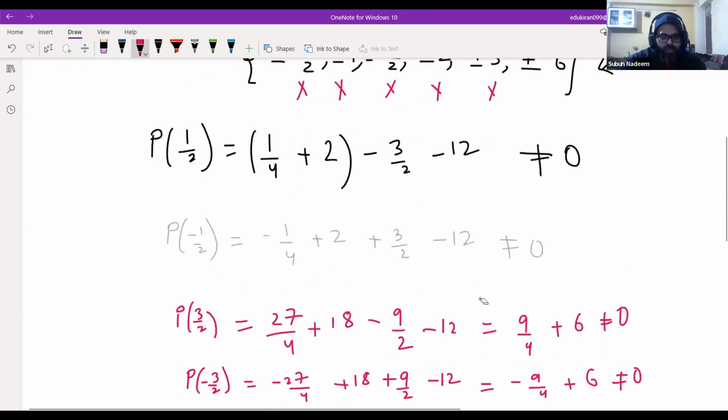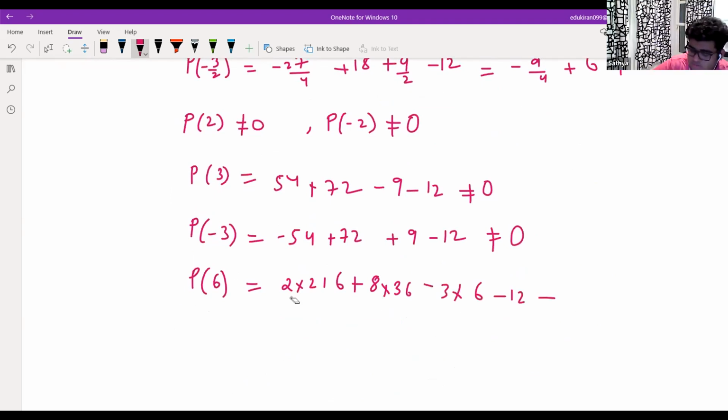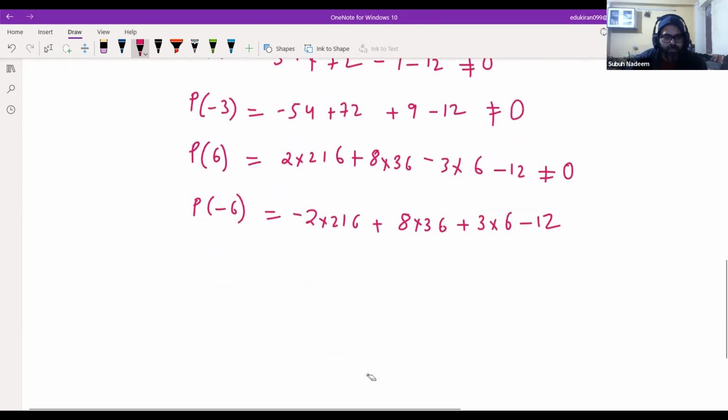Minus 3 will also be big, right? That will become minus 2 into 216 plus 8 into 36. So that is also not. Still, it is not going to be equal to 0, right?